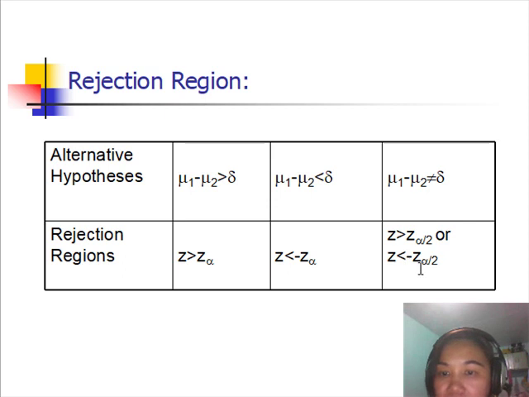Then if it is a two-tailed test, alpha is divided into 2, and we reject either using the positive value of your Z or using the negative value of your Z. We use these rejection regions whenever we have a two-tailed test.